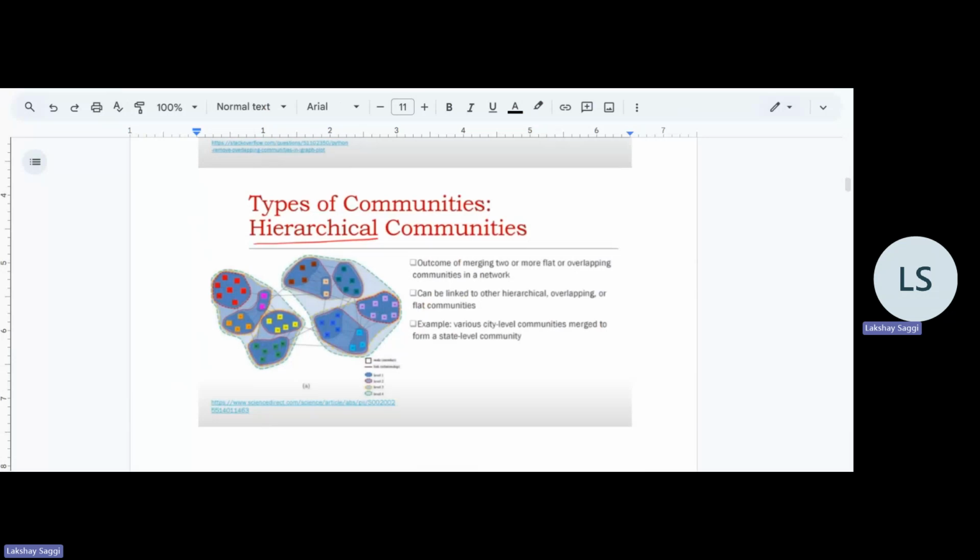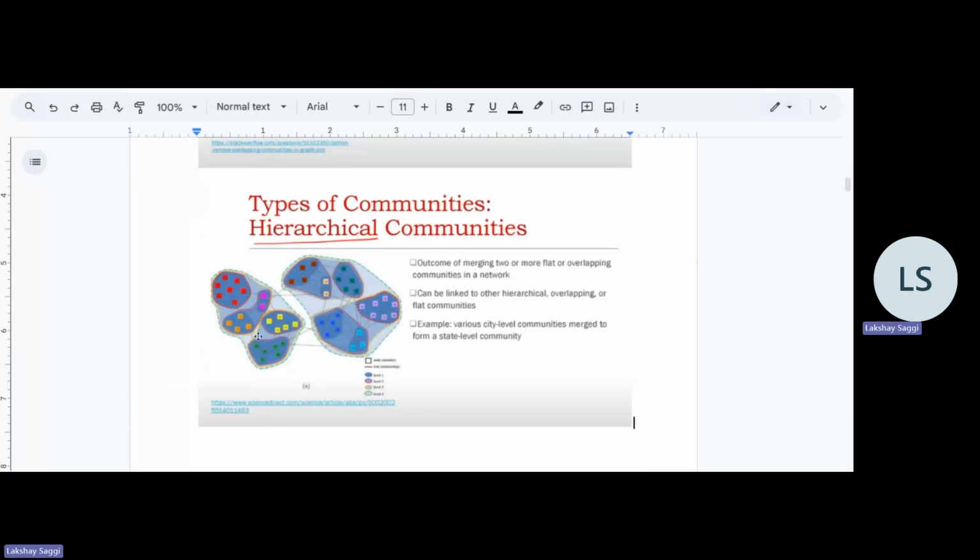And then there's a third kind of community that is called hierarchical communities. You can think of hierarchical communities as forming some kind of a hierarchy. What do we mean by that? Maybe let's say initially we start out with some flat communities, and then we merge some of these flat communities together and form bigger communities, which are also flat in themselves.